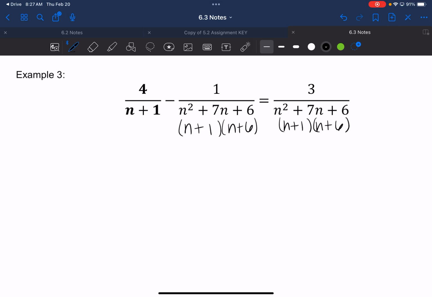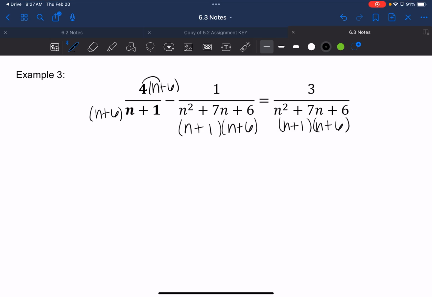So really, the only thing I need to do so that all of these have a common denominator is what to that first fraction? Right. I just need to multiply this one times n plus 6 in top and bottom. Okay. So now that we got that common denominator, all we need to worry about is numerators, right?